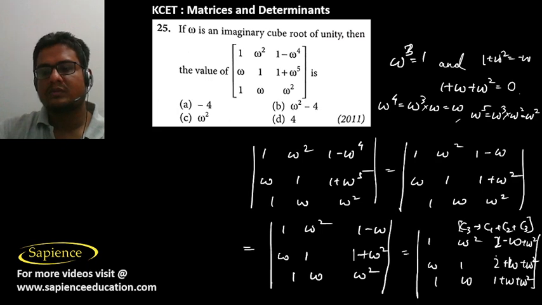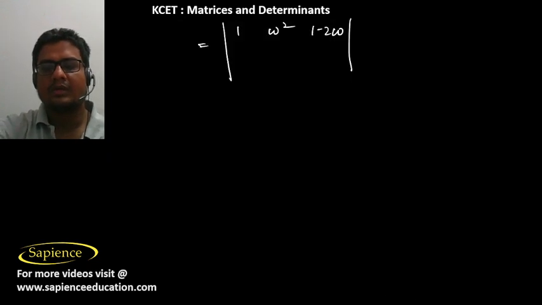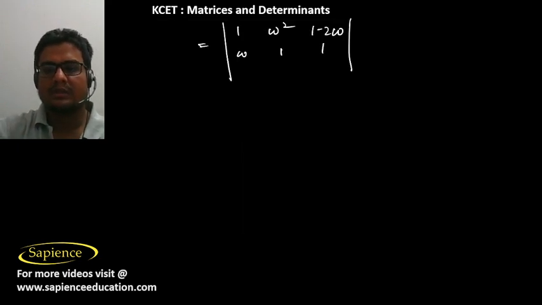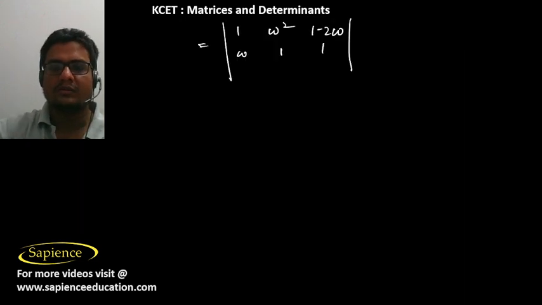So this is 1 minus 2 omega. This is 1 minus 2 omega. Here I will have omega, 1, and 1 plus omega square is 0. So this is 1, this is 1, and here this will be 1, omega and 0.